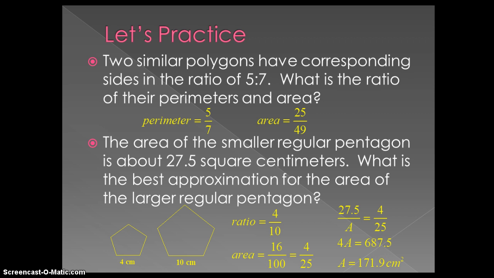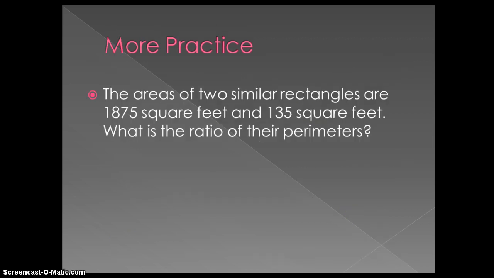So we have 27.5 to the unknown area is 4 to 25. Now we're going to use cross products to solve the proportion, and we get 4a equals 687.5. By dividing by 4, we get the area of our larger pentagon to be 171.9 square centimeters. Let's look at another example.